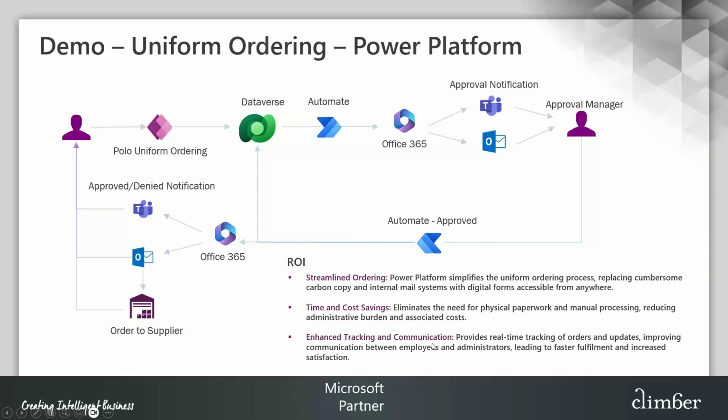And then advanced tracking and communication. Rather than pieces of carbon copy paper stuck in a filing cabinet somewhere, we can bring the uniform ordering data into an analytics tool like Power BI, and start seeing what's being ordered, where and how much it costs.